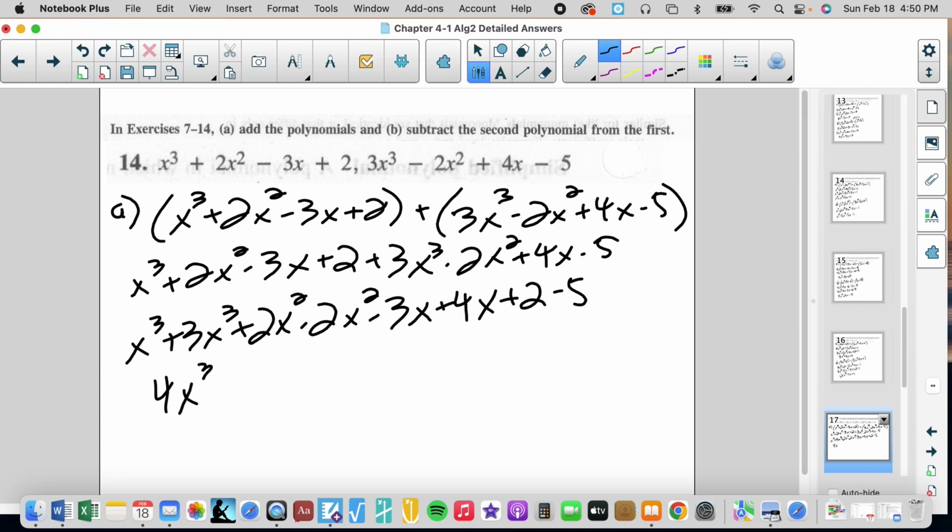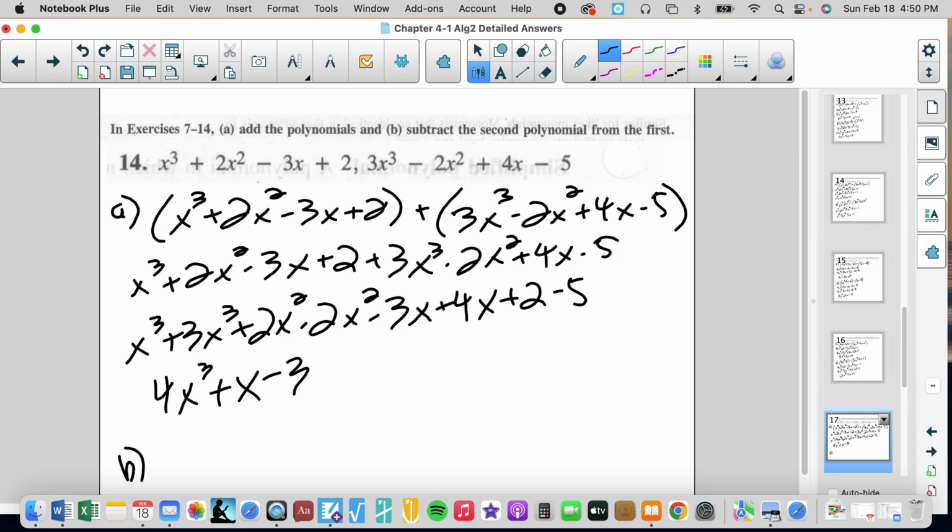Coefficients give us 4x cubed. The 2x squared minus 2x squared cancel. Negative 3x, positive 4x gives us a positive x. We would never write 1; we don't write positive 1x. We just write plus x minus 3. 4x cubed plus x minus 3.